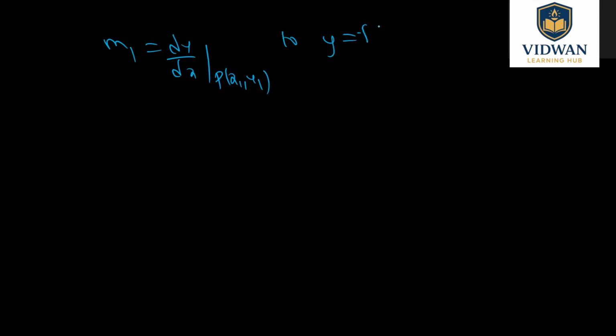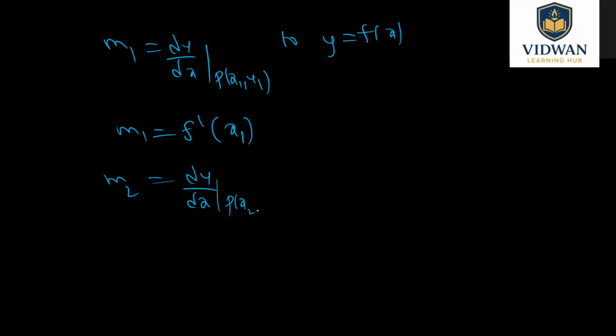Generally we know that derivative of f of x, we write it as f dash x. So you can write f dash x and replace x with x1, it is f dash of x1. Similarly, at the same point, you find the derivative for the second curve y equal to g of x at x1, y1. So that is m2 and that is nothing but g dash of x1.